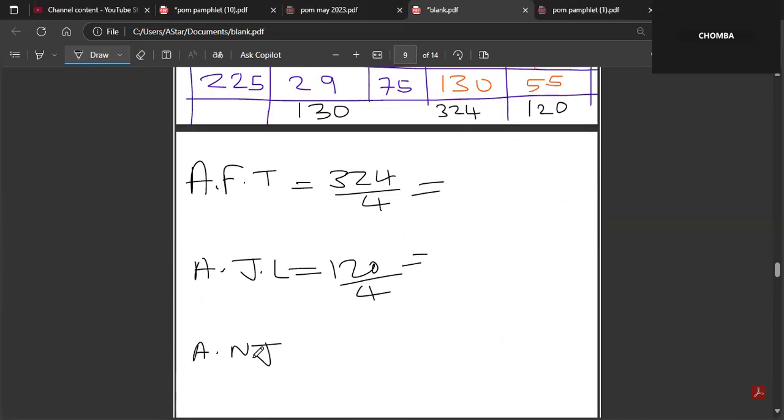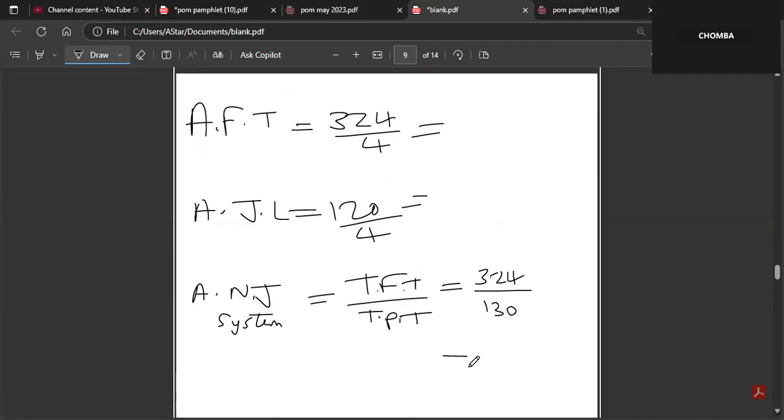Average number of jobs in the system is total flow time over total processing time, 324 over 130, which is 2.49. Then this one will be 30.81.